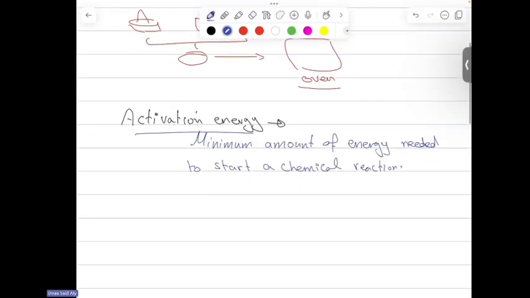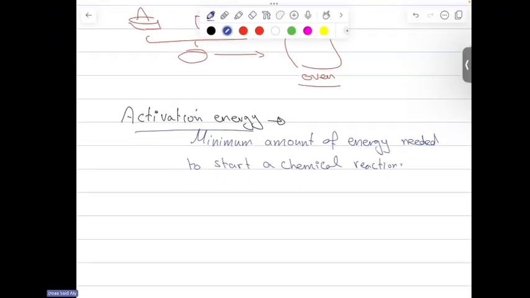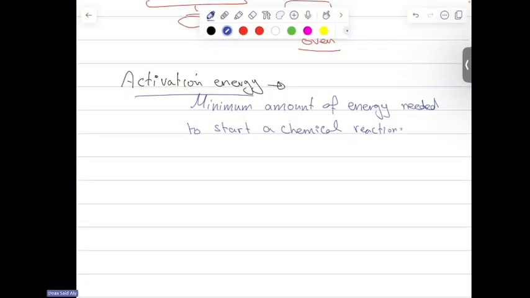How can we represent this activation energy using a graph? Firstly, this graph that I will draw now, we call it the graph that represents the activation energy. Of course, any graph has two axes, the x-axis and y-axis.